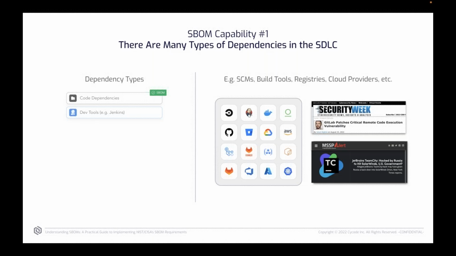I shouldn't say SolarWinds, but Russia basically used a dev tool to get in. GitLab, I think over the summer, had a vulnerability in it that allowed for remote code execution. Okay, either one of these, just not a great place. You want to make sure that you are aware of these dependencies and that you're locking them down if they're not a way in.